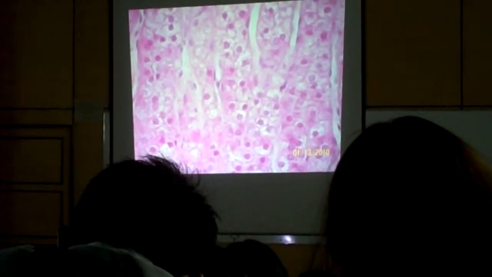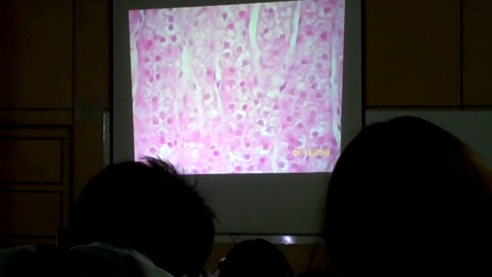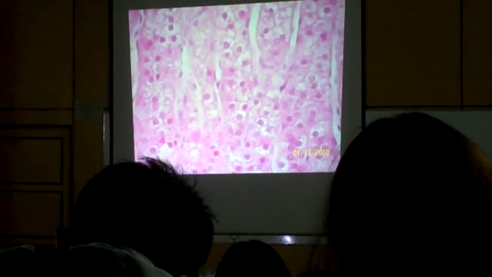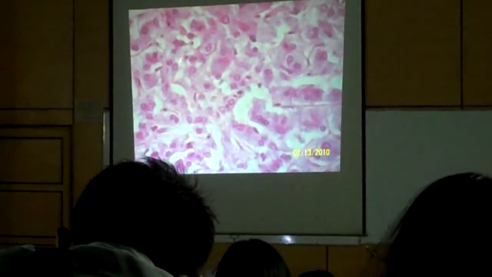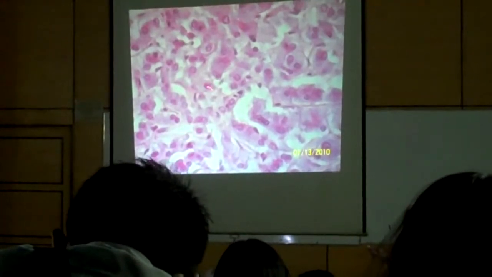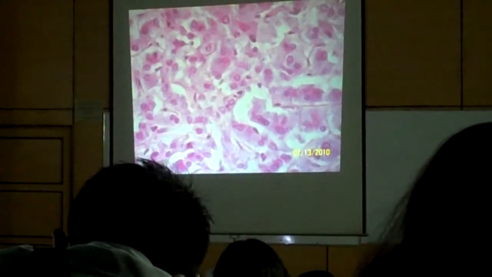That's why cells of the fasciculata are also called spongocytes, because they are sponge-like in appearance. Okay, this is the reticularis. You have a complex anastomosing network of cells.